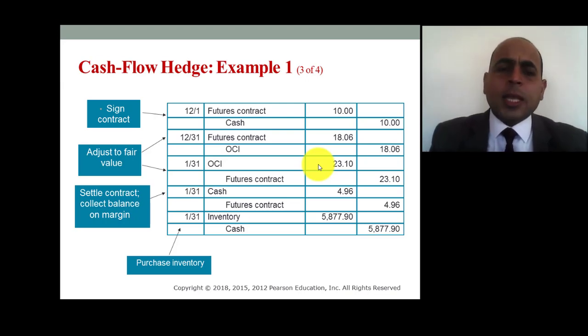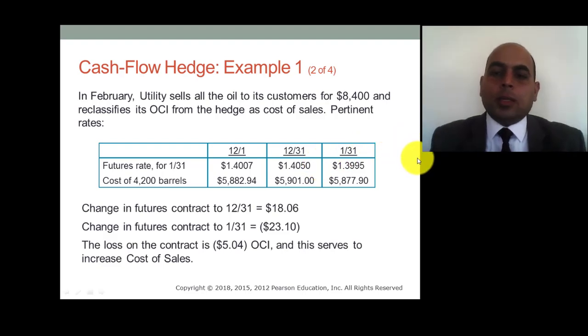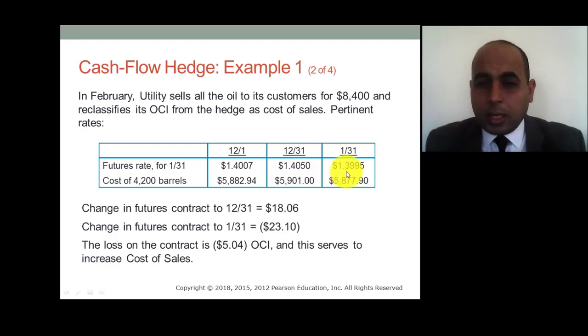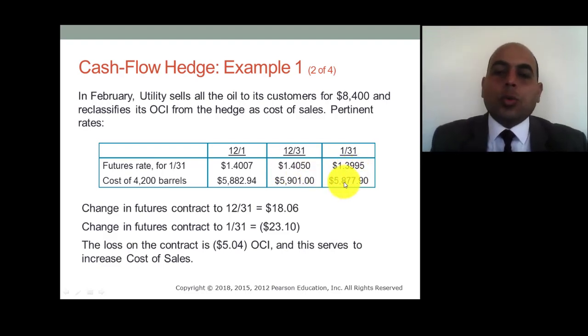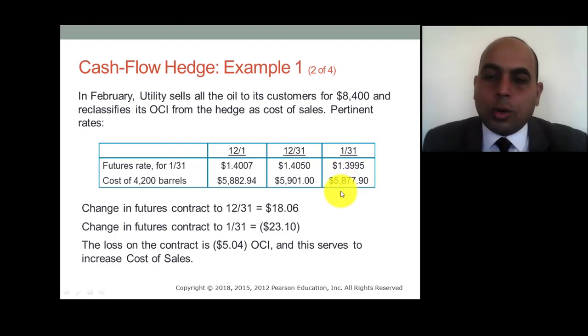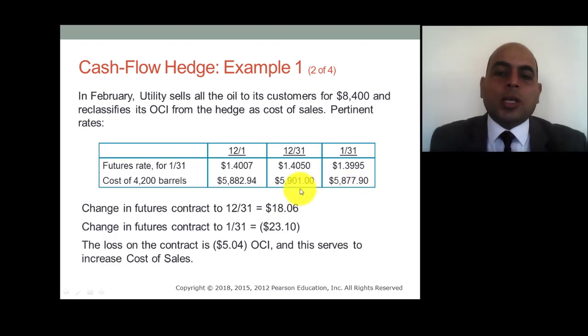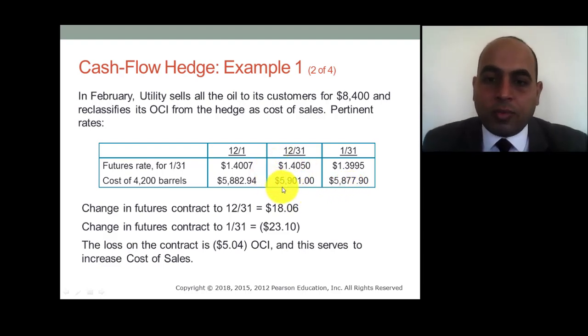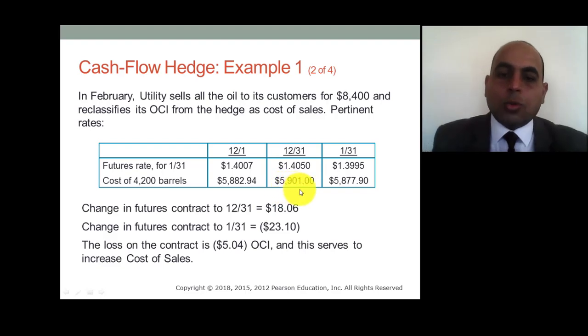Okay? Let us move to see what happened on 31 January, the settlement date. The price has declined from 1.4050 to 1.3995. So here we are talking about the value of gallons equal to 5,877, and we have already adjusted it on the date of preparing the financial statement by 5,901.